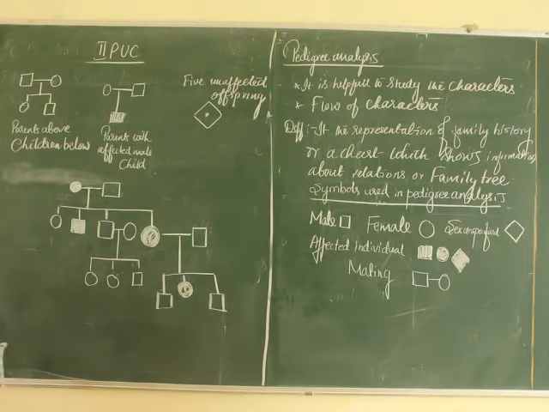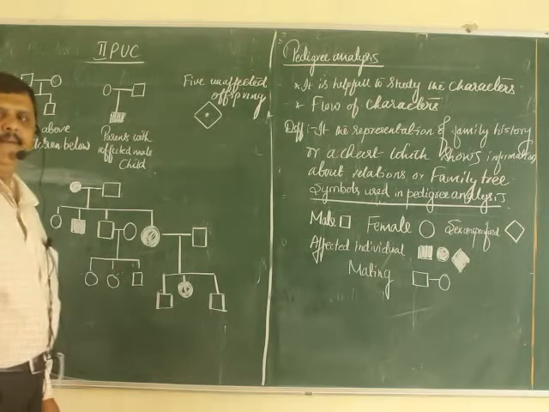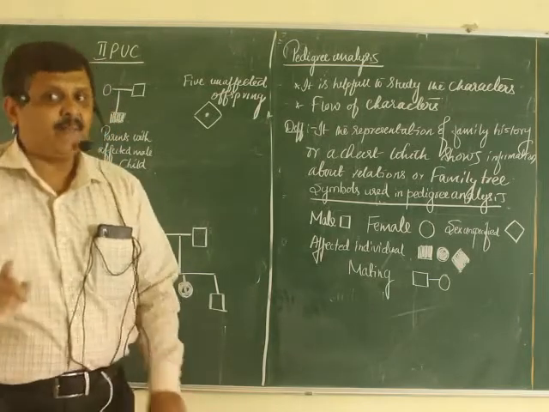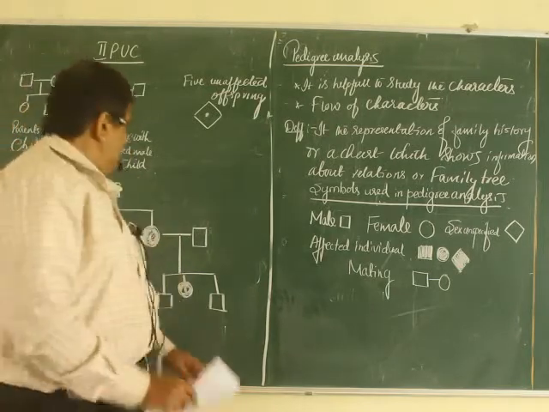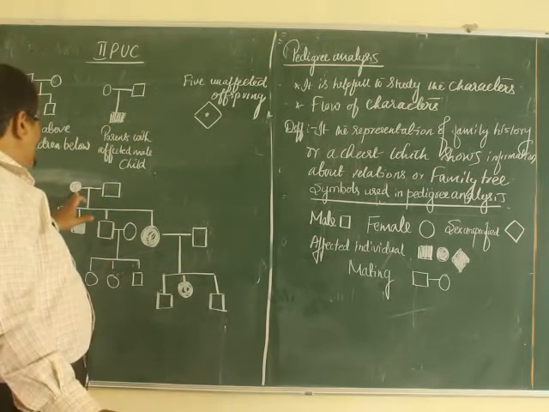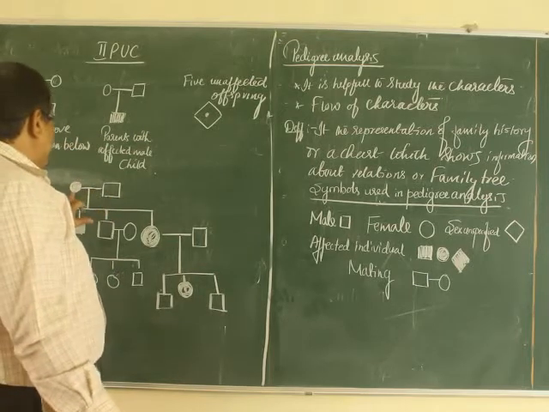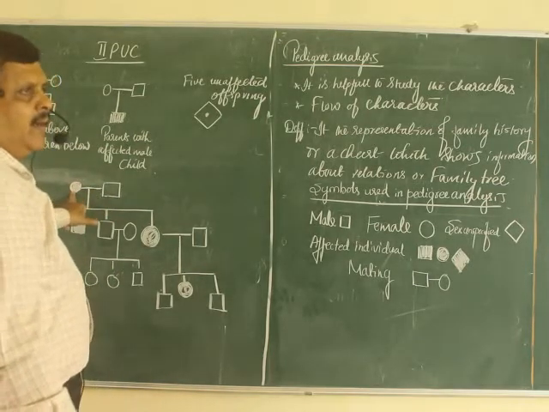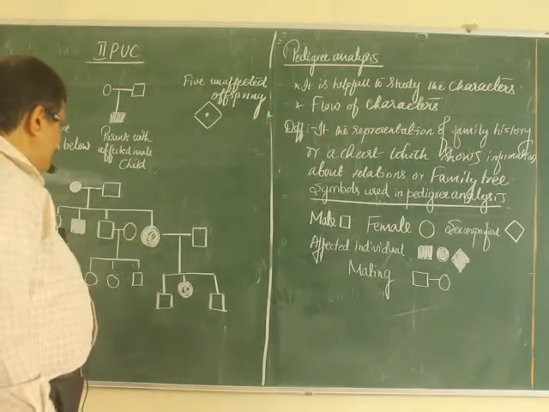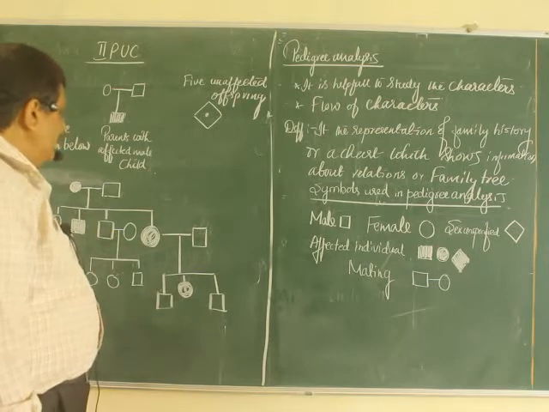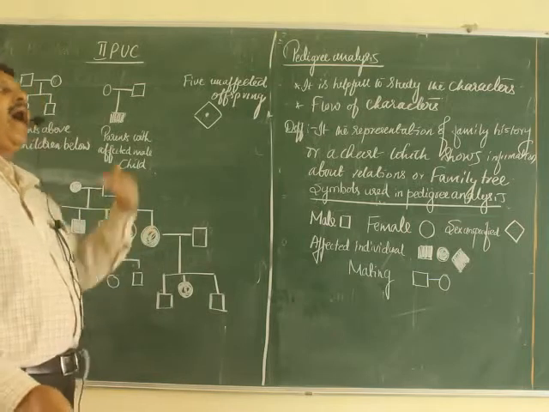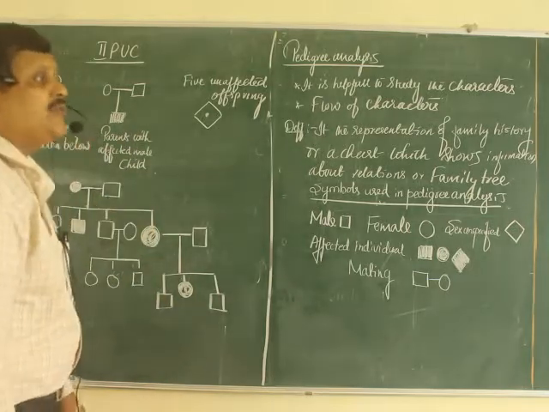See, in a sex-linked disorder, normally one sex will be affected, that is male. Here, in the first generation, a normal male marries an affected female. The disease is spread to both male and female. And in sex-linked inheritance, the disease can be seen in alternate generations.